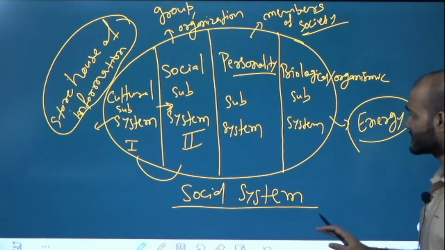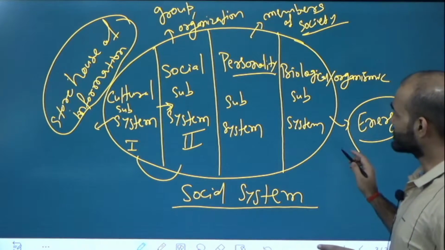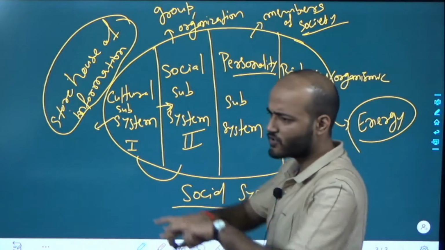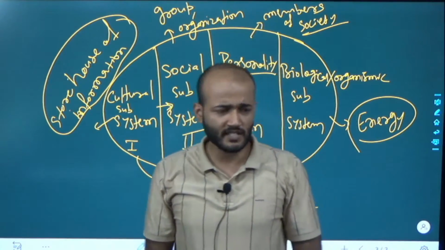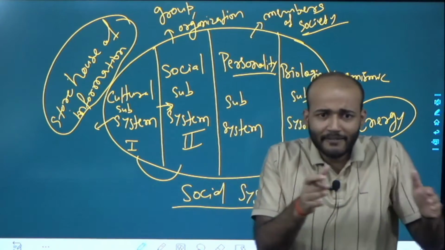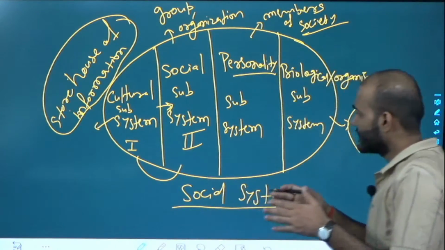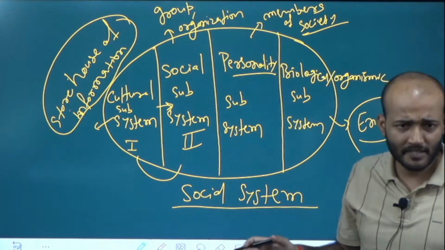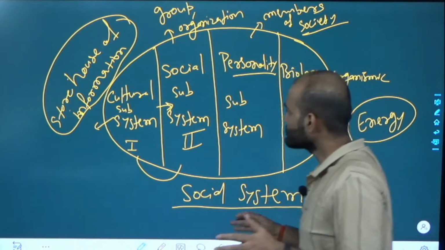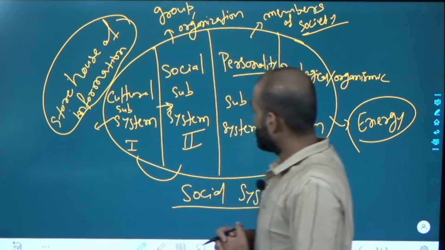Now try to understand here, try to create one picture. What Talcott Parsons said is that it is very hard to understand any social system holistically. So he divided the social system into different dimensions, different structures.